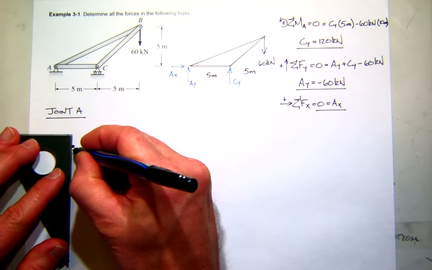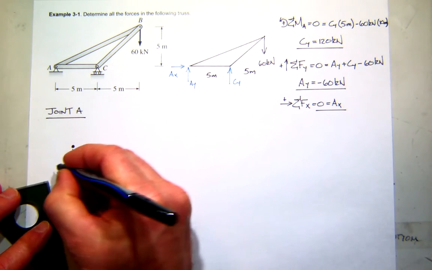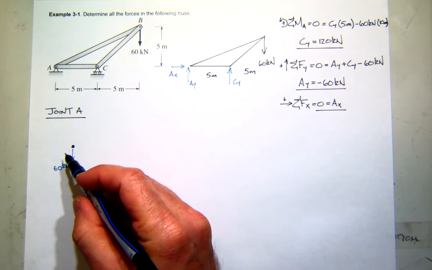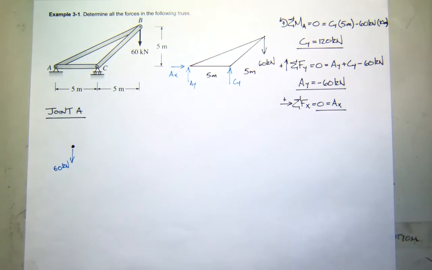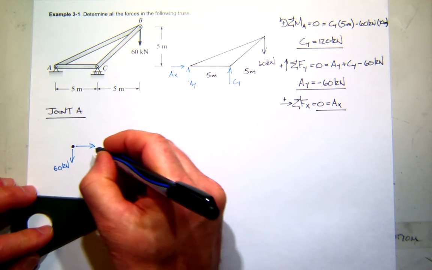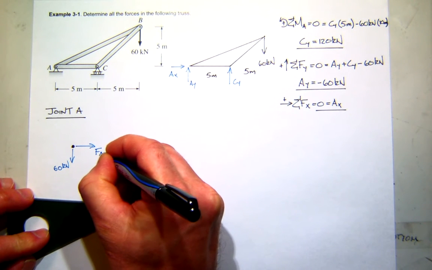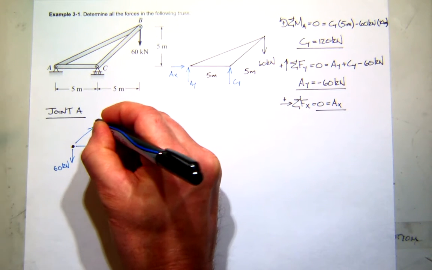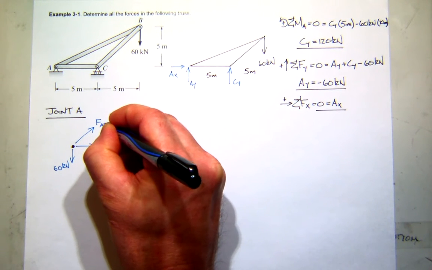So I'm going to apply that as a force of 60 kilonewtons. What's AX? 0. And now I'm going to assume tension forces in all my elements. So I'll have AC in tension, and I'll have the force in AB in tension.